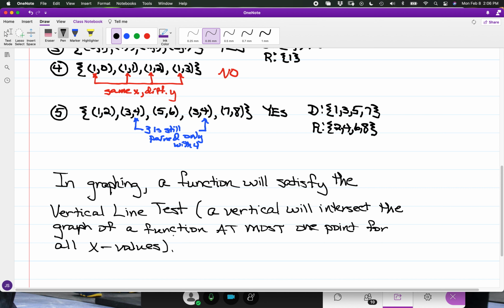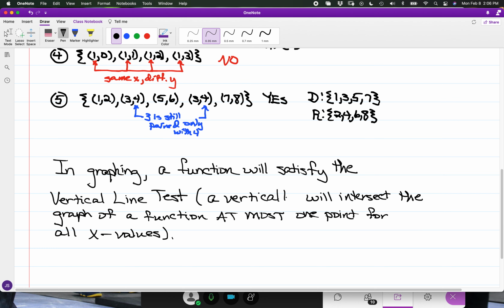So, vertical line test: you have a vertical line. Not just a vertical, but a vertical line. So a vertical line will intersect the graph of a function at most one point for all x values.